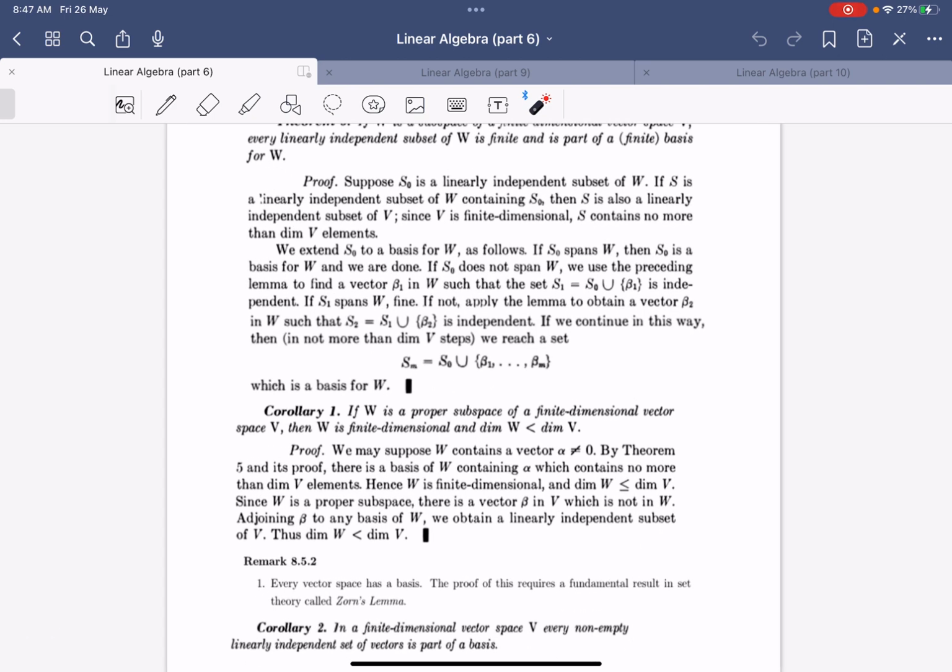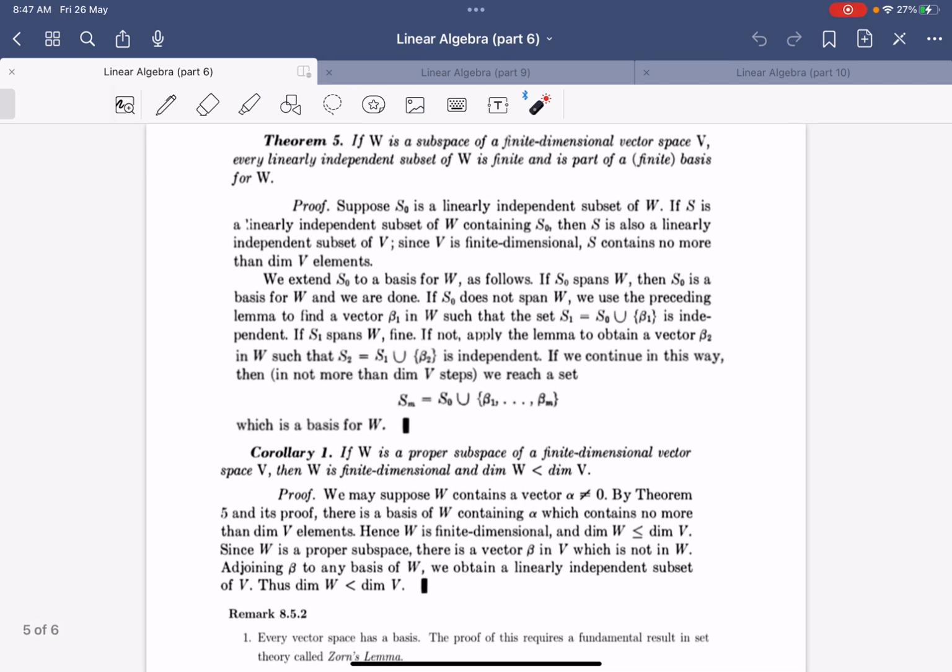So W is also finite dimensional. Suppose that S0 is a linearly independent subset of W. If S is a linearly independent subset of W that contains this S0, then S is also a linearly independent subset of V. Since V is finite dimensional, S cannot have more than the number of elements of a basis of V.